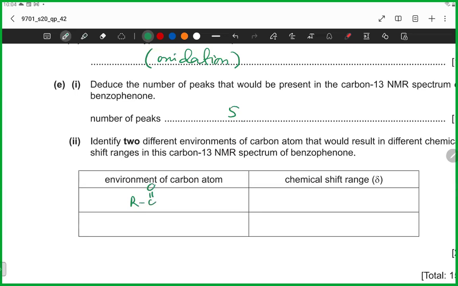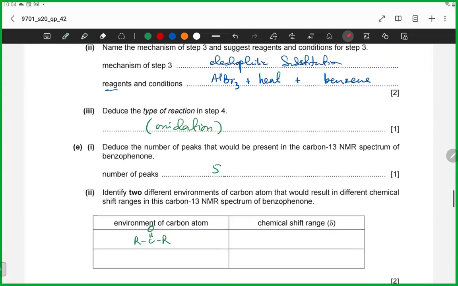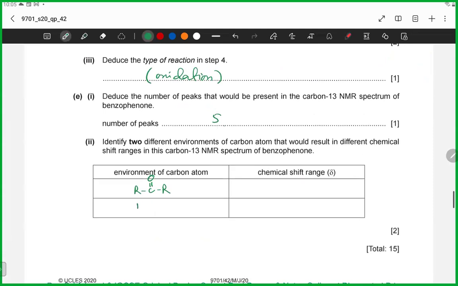So it was RC double bond O, and there was a carbon chain on the other side, right? So this is one environment. And what's the other environment? The other environment is the benzene carbon atoms, right? All these carbon atoms are part of benzene. You can look up the values in the data booklet and see how the benzene carbon atoms resonate, how a carbonyl resonates. You can just copy the values from the data booklet, ठीक है?